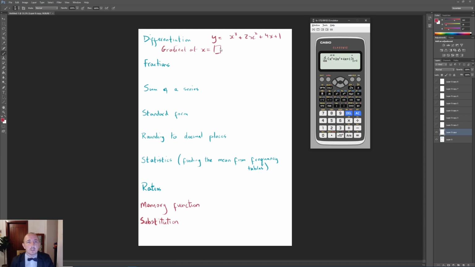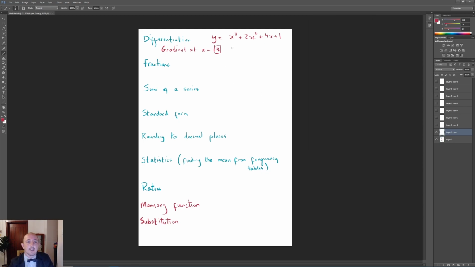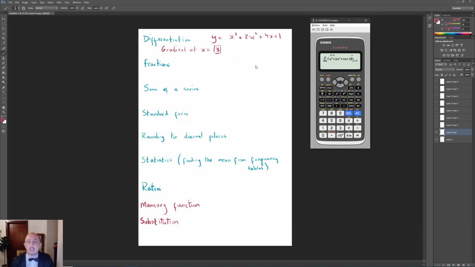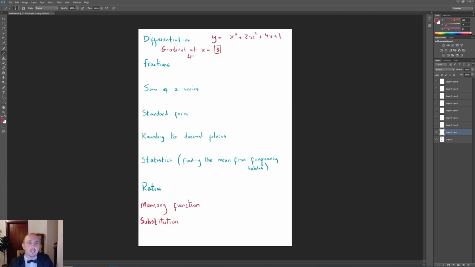And we want to know what the gradient is at, let's say, x equals 3. I'm going to put that down here in that little tiny box. When I press that, we get the answer of 43. So the gradient is 43 when x equals 3.